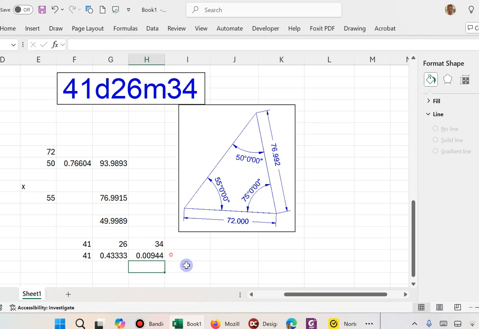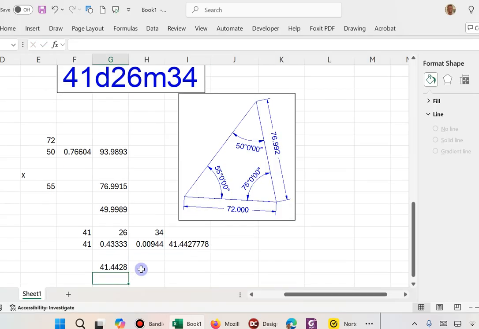All right, and then you're going to go equals this plus that. Enter, and now you could do the same thing here. You could take this, equals that, enter. So x divided by this is going to equal that, right?